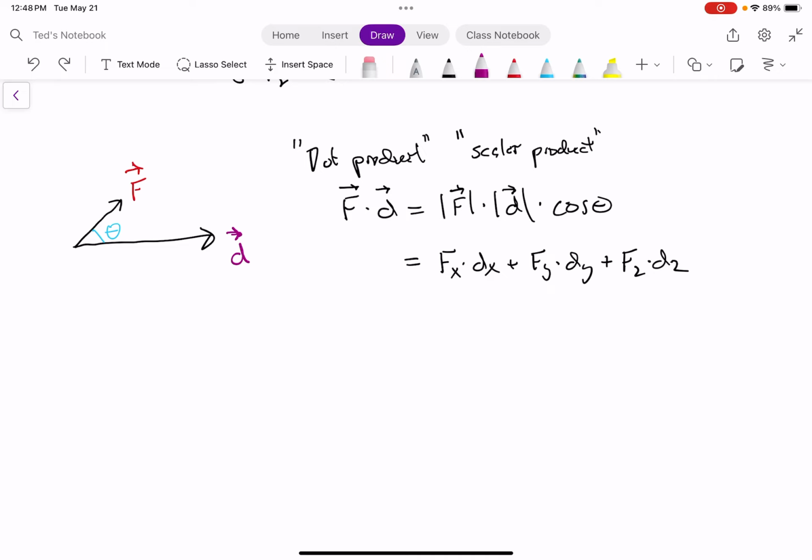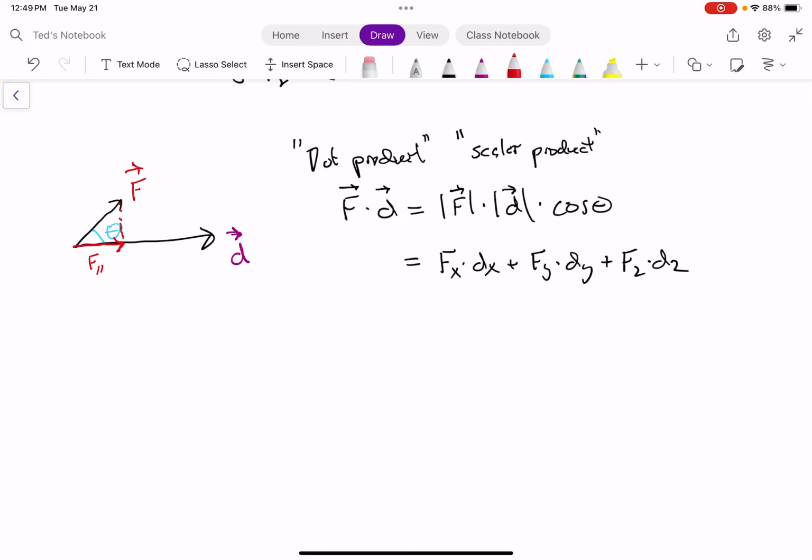Graphically, what it means is if you take the first vector and project it onto the second vector, that is, you find out what fraction of the first vector, what portion of the first vector is pointing parallel to the second vector. So we call this the projection of f onto d, the part of f that's parallel to d.